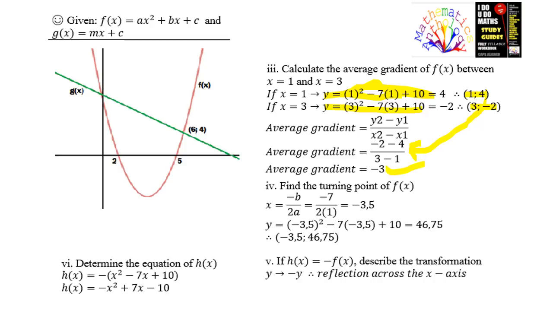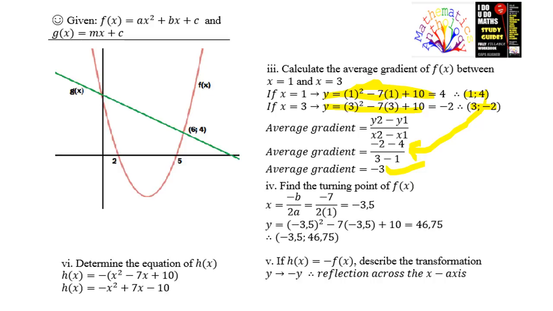The next one, find the turning point of f of x. Now to determine the turning point, we use the equation x is equal to negative b over 2a. We worked out the equation of f of x earlier, and that was x squared minus 7x plus 10. So my b value was negative 7 and my a value was 1 from that equation.